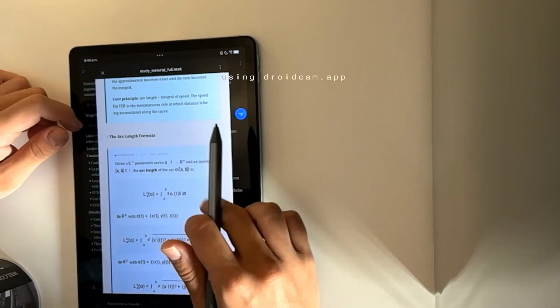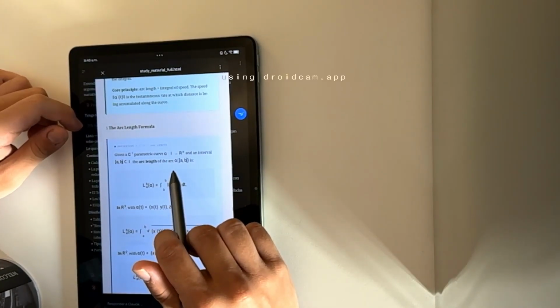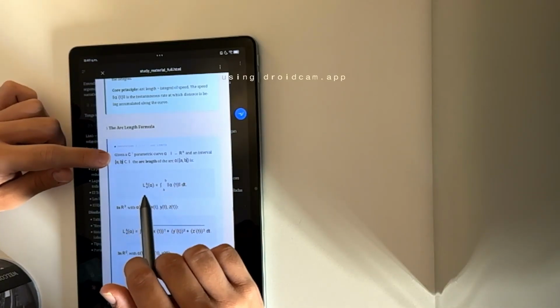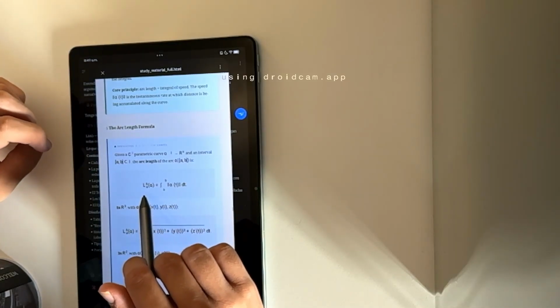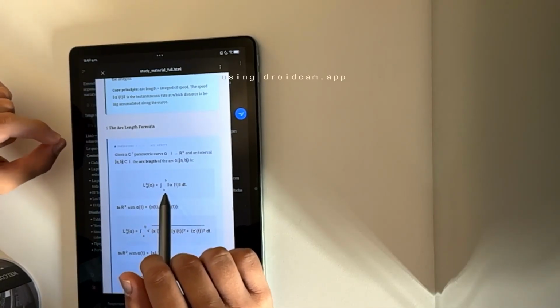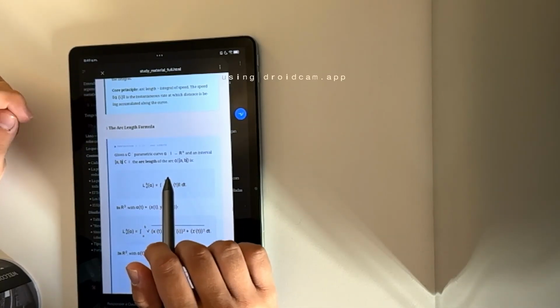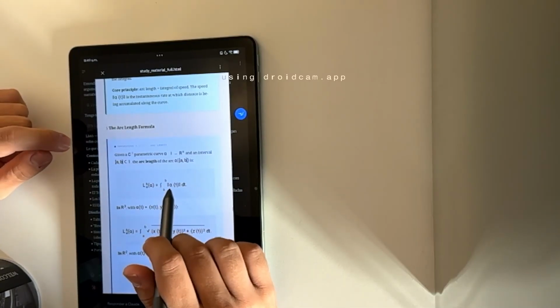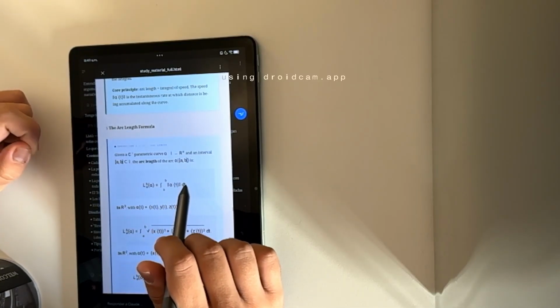Specify the arc length of the arc alpha on the interval a to b: L from a to b of alpha is equal to the integral from a to b of the norm of alpha prime of t dt.